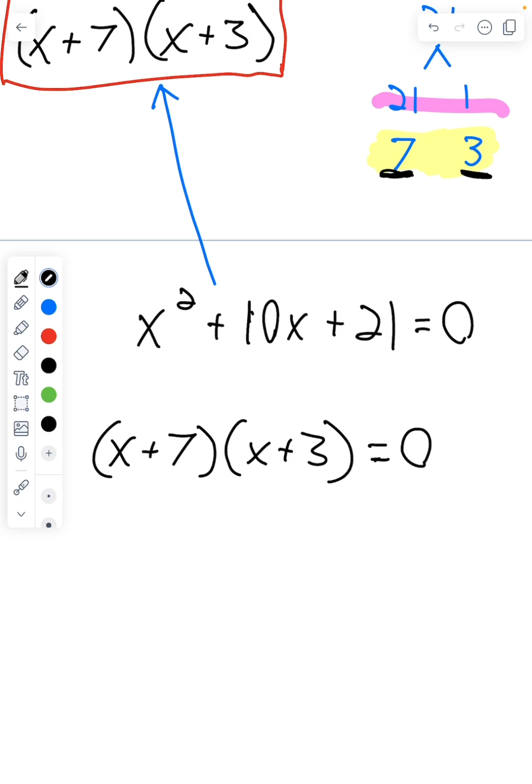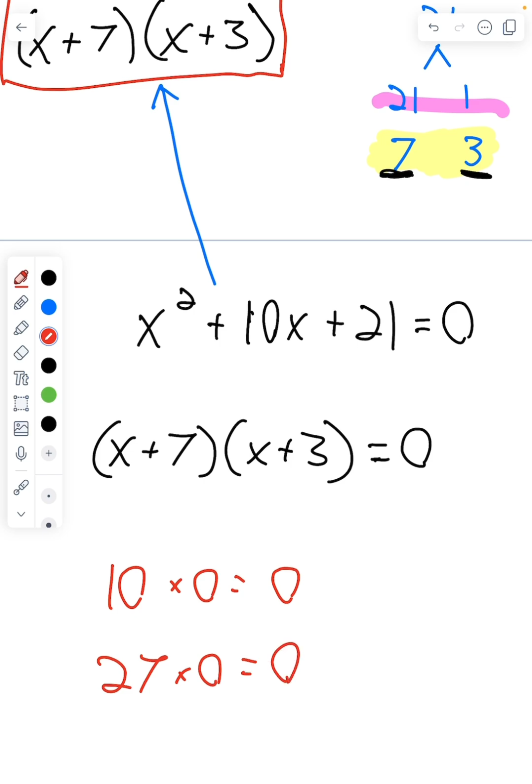Okay, now, next rule. You guys know this from before, anything times 0 equals 0. So, I mean, it doesn't matter what we have here. 10 times 0 is 0, 27 times 0 is 0, anything times 0 is 0, and we know that.